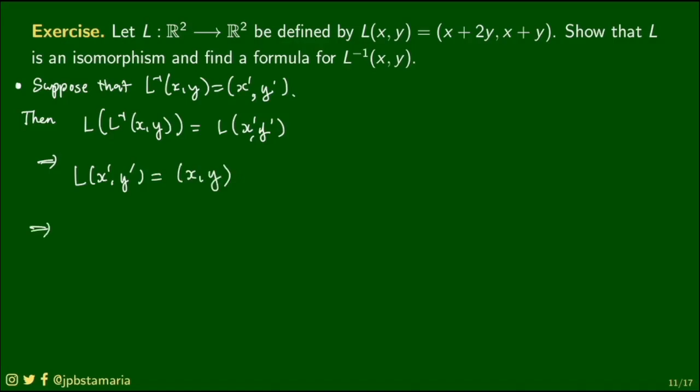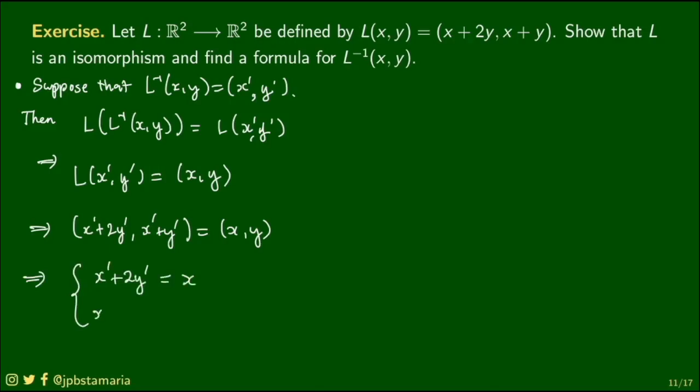So that meant to say that (x prime plus 2y prime, x prime plus y prime) equals (x, y). So what you want to do now is solve this linear system. The unknowns being the x prime and the y prime.